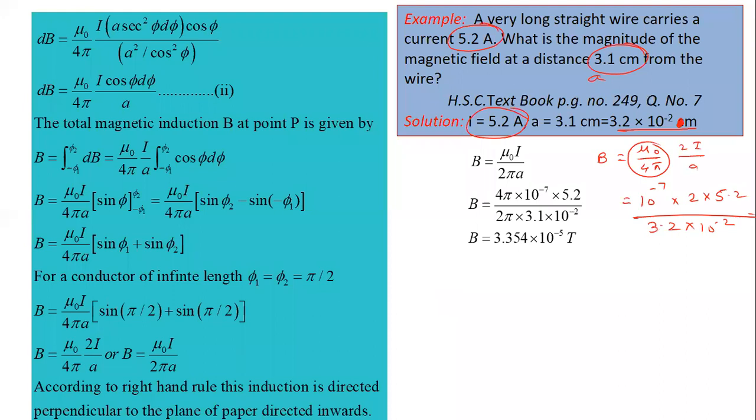Both formulas are equivalent, and you can use any one. Obviously the pi gets cancelled and you get the same term. So after solving this, we get magnetic induction equal to 3.354 into 10 raised to minus 5 Tesla, or you can use the unit Weber per meter square. This is the magnetic induction.